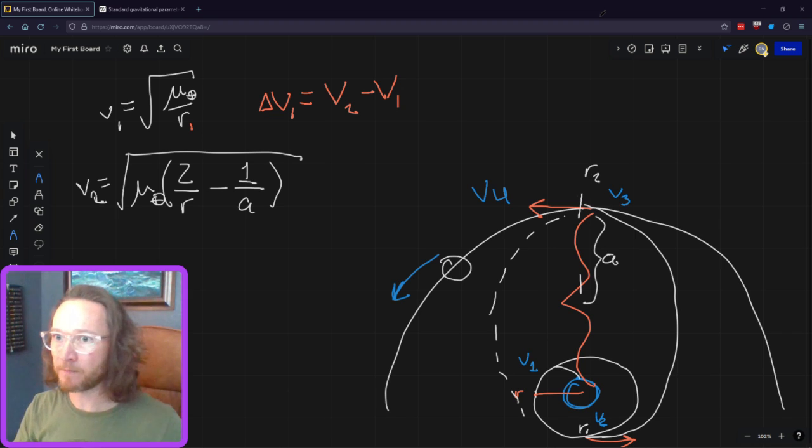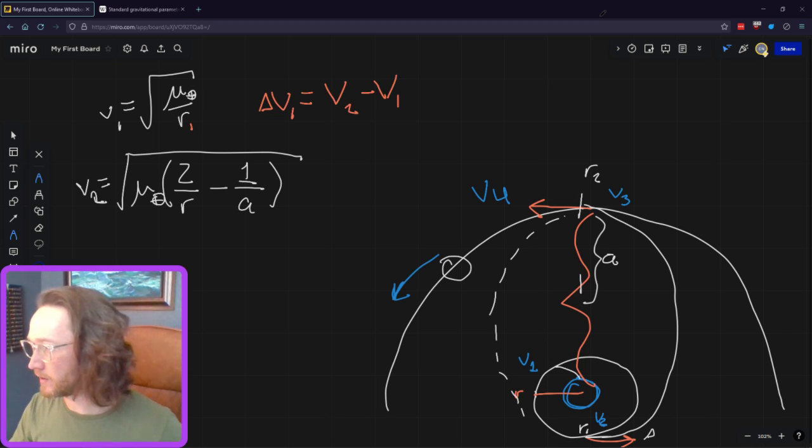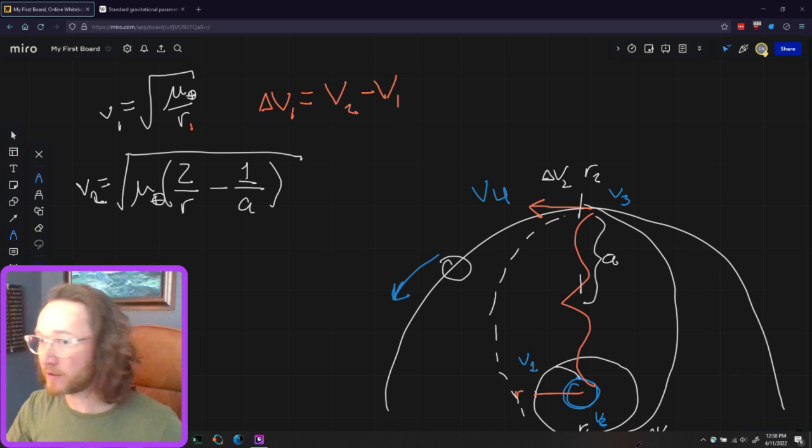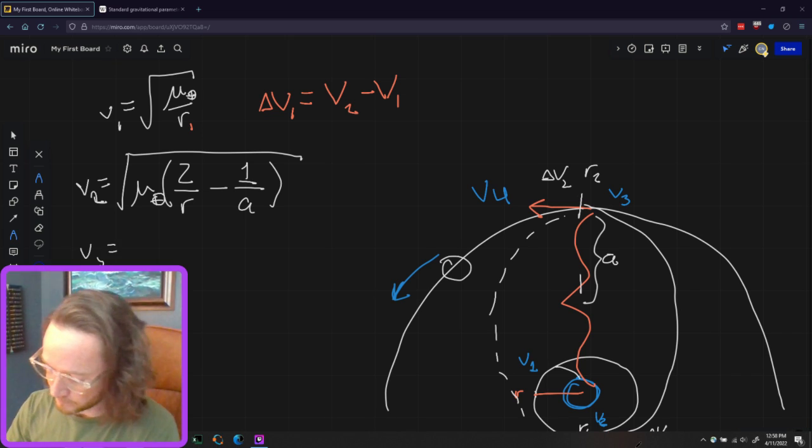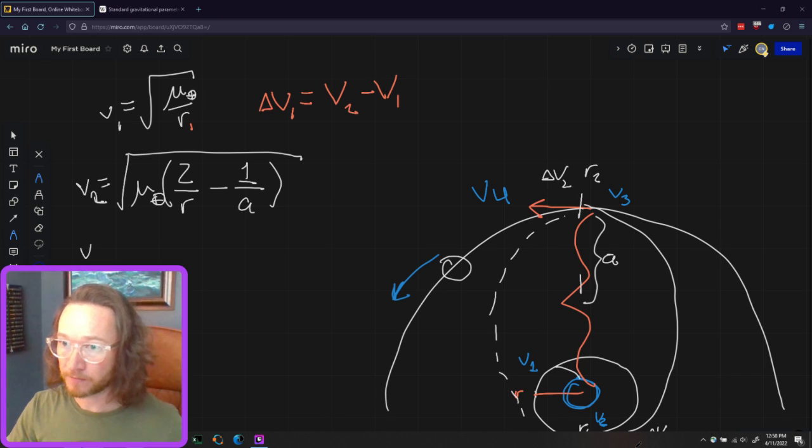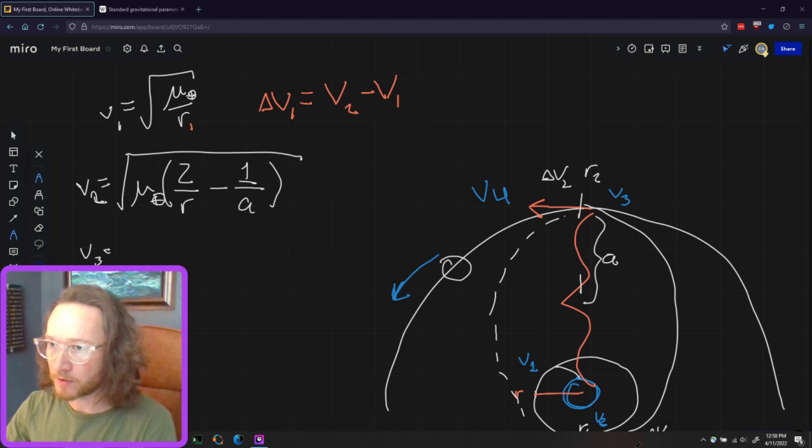That's our delta V1. Similarly, once we execute this delta V1, and then delta V2, we will travel out here, and at that point, our V3, so this is R1, and now this is the exact same thing.